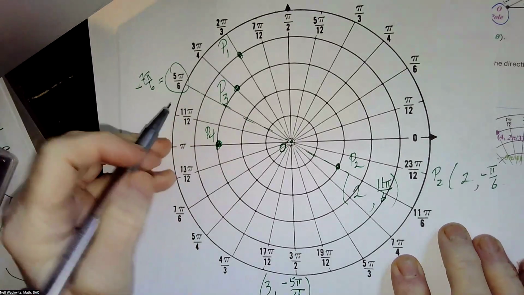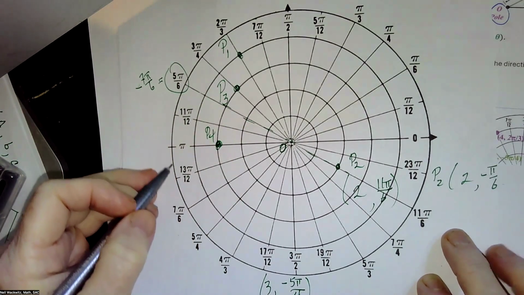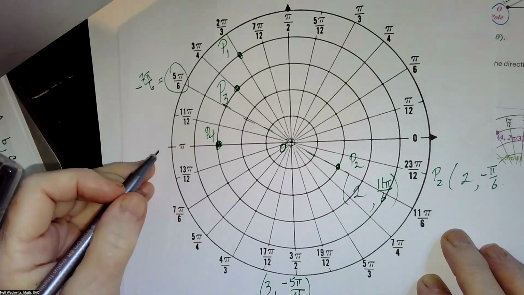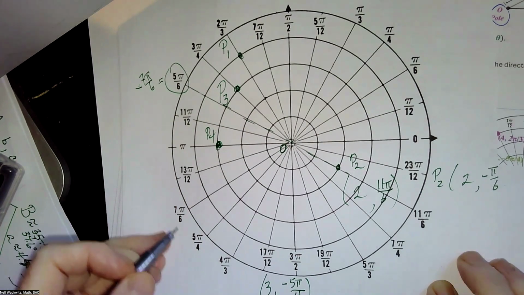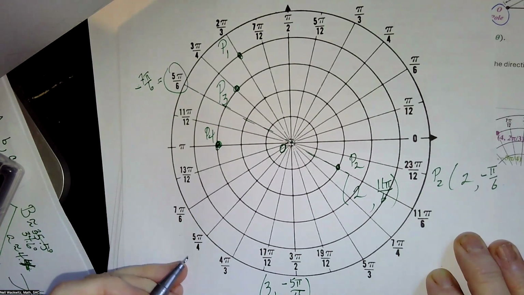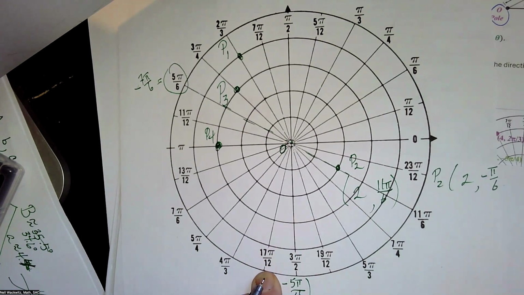So let's see, I have 12 pi over 12, 13 pi over 12, 14 pi over 12, 15 pi over 12, 16 pi over 12, 17 pi over 12. So here's our angle.